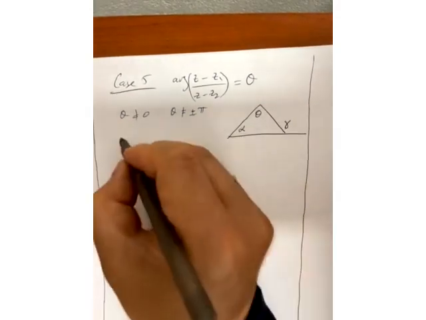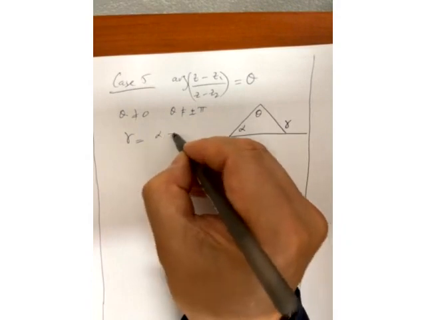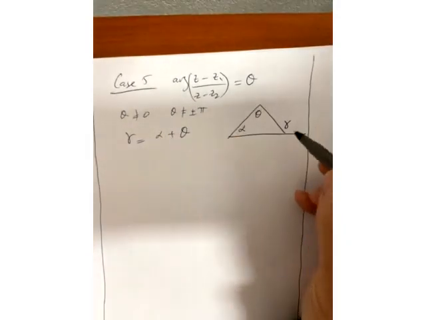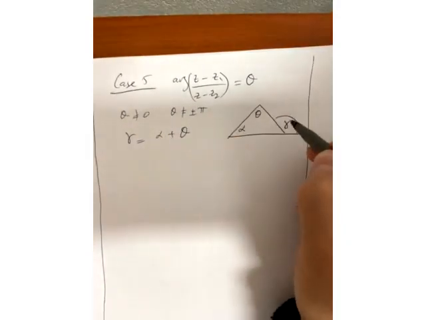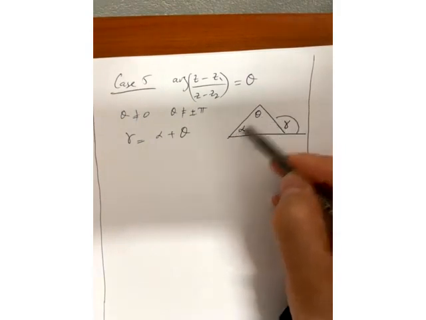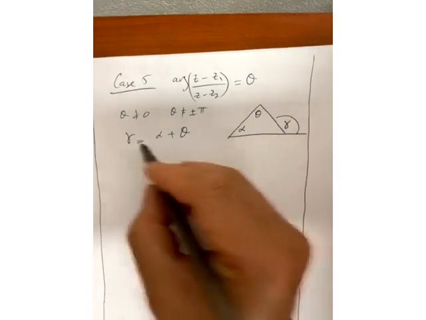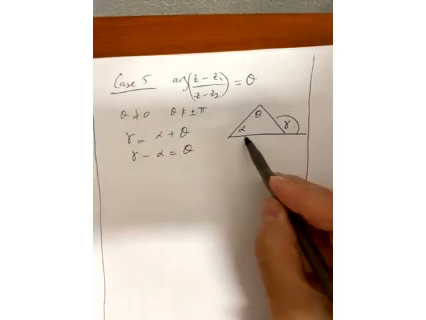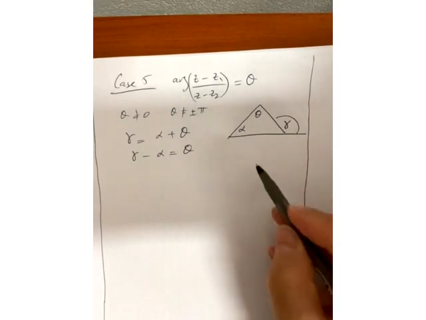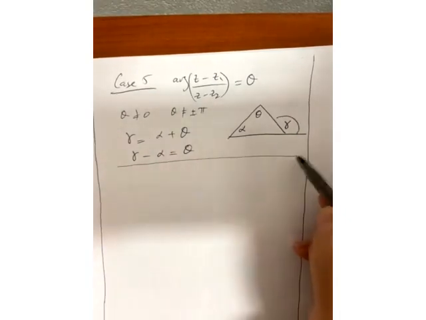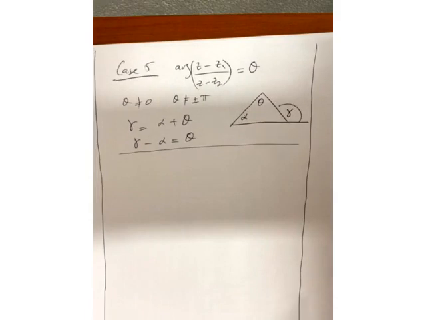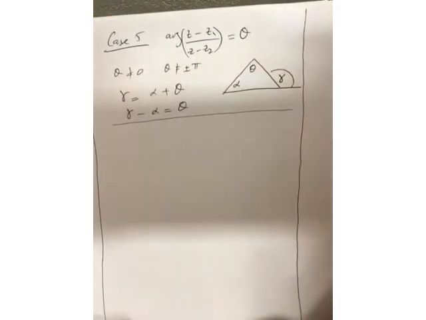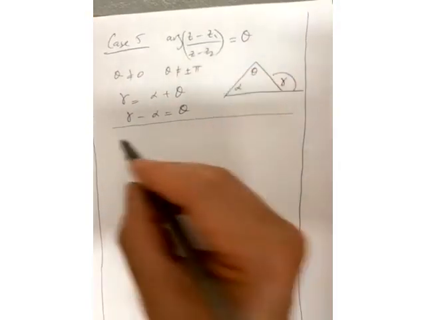Gamma is equal to alpha plus theta, because the exterior angle of a triangle is equal to the sum of the 2 opposite interior angles. When you rearrange that, you get gamma minus alpha equals theta. Keep that in mind, because it is going to be applied over here.